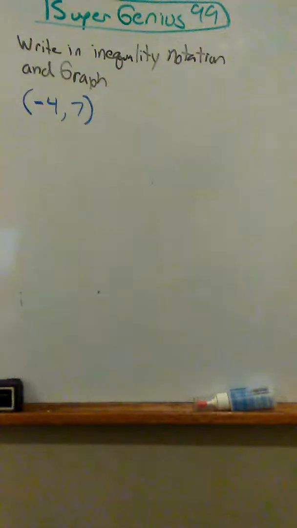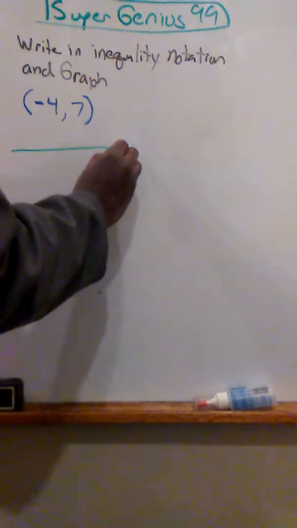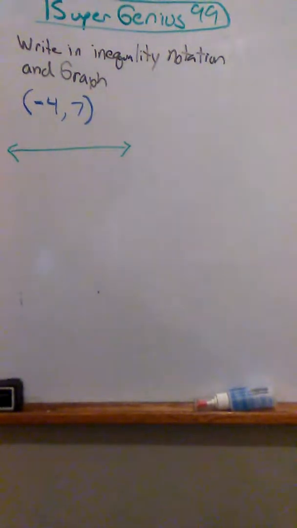Here we have parentheses, -4, comma, 7, close parentheses. So let's draw ourselves a number line. Let's label -4 and 7.